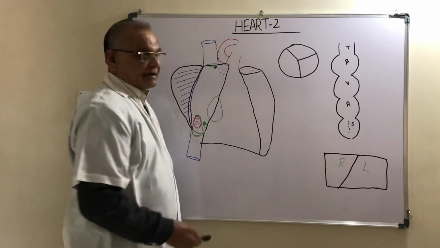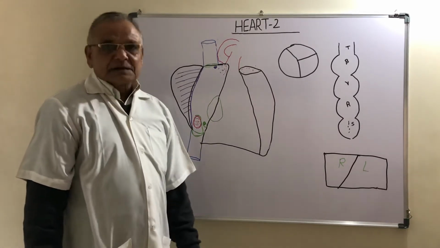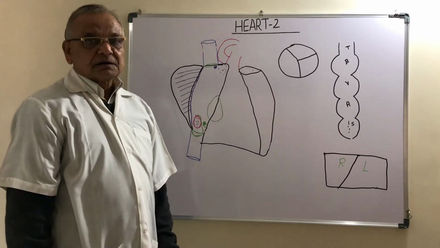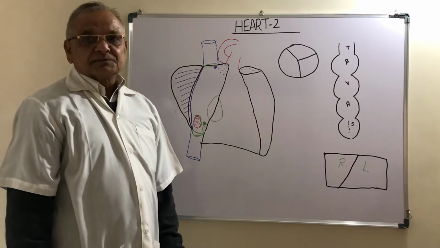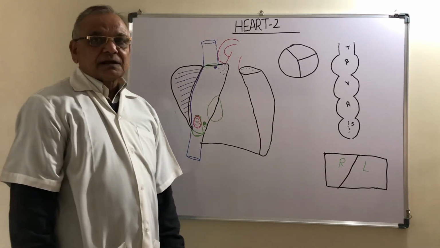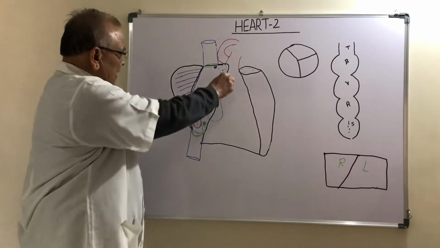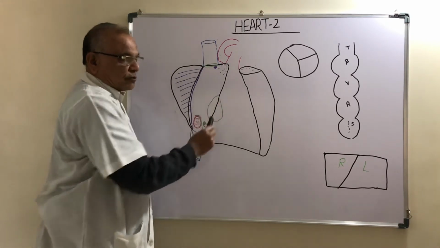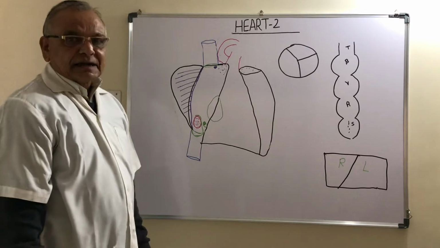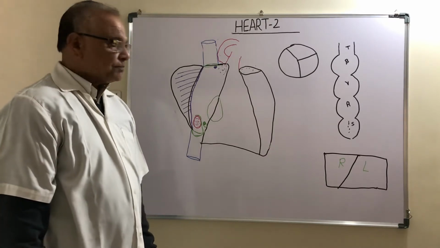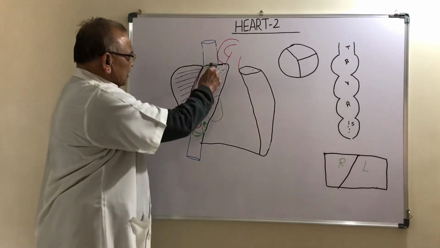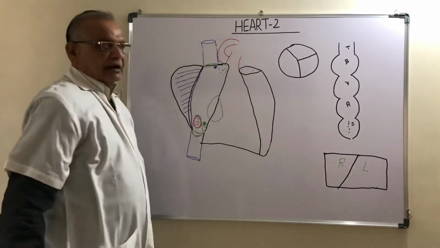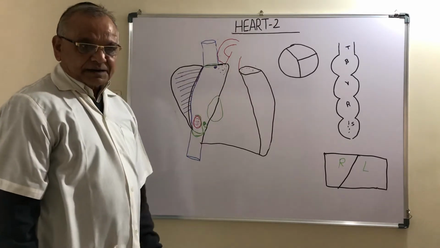You know that the right atrium is the receiving chamber of the heart. It receives the venous blood from all the body and pumps it into the right ventricle through the right atrioventricular opening. This projected part of the right atrium is called the auricle of the right atrium.